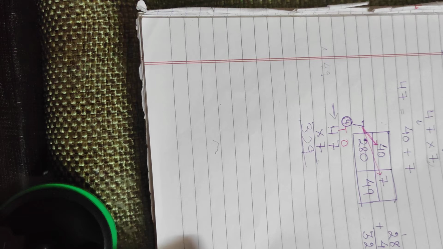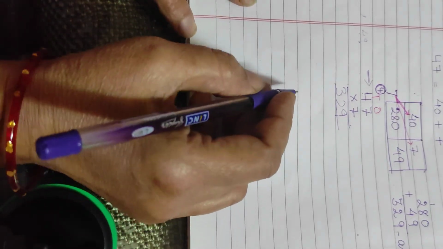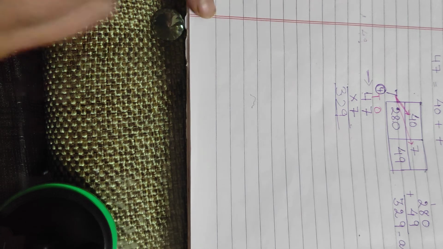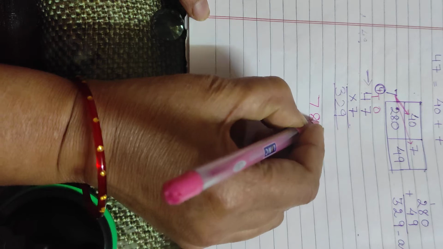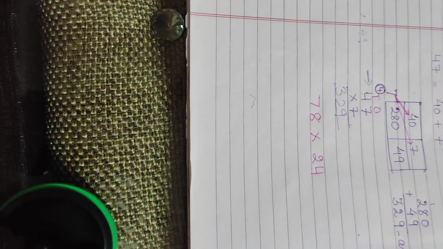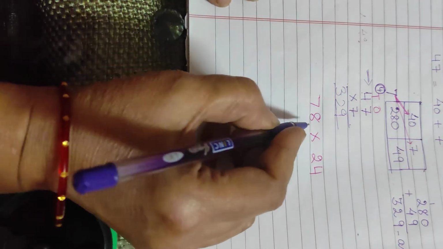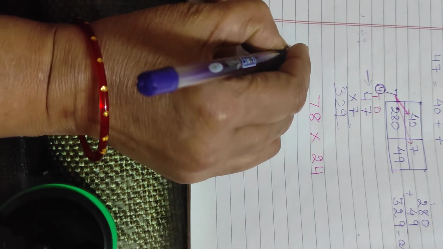Okay. Now let us see multiplication of a number by a 2-digit number by grid method. Okay. So here is one example: 78 multiplied by 24. As I told you in the beginning, first you have to write the expanded form of 78.